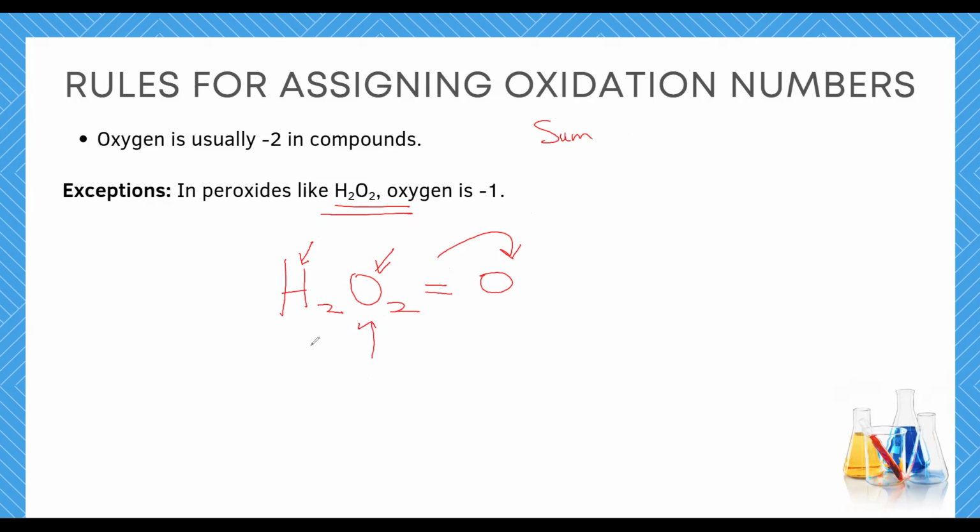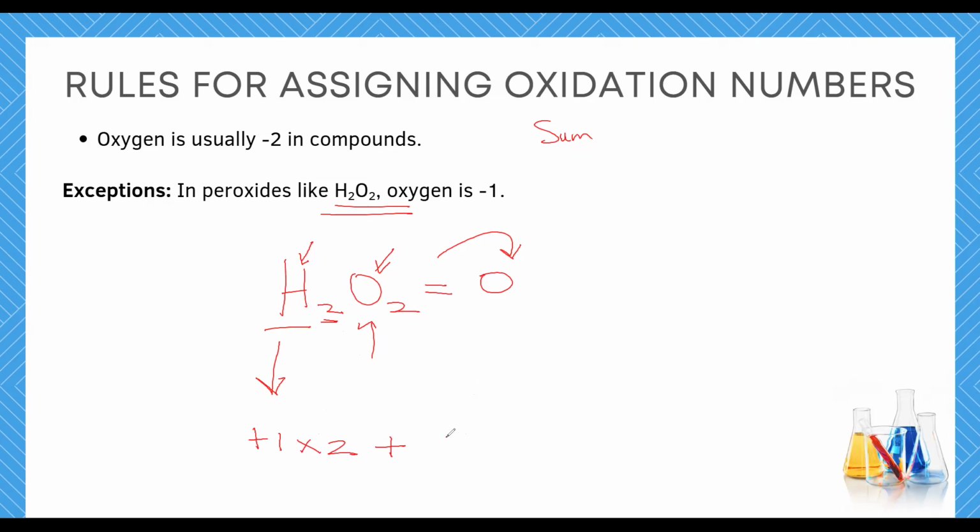Now, the rules also said that hydrogen in compounds has an oxidation number of +1. So we have hydrogen over here, which has the oxidation number of +1. Now we have 2 atoms of hydrogen. So that becomes +1 times 2, plus, we don't know the oxidation number of oxygen now, since that's the one we're calculating for.